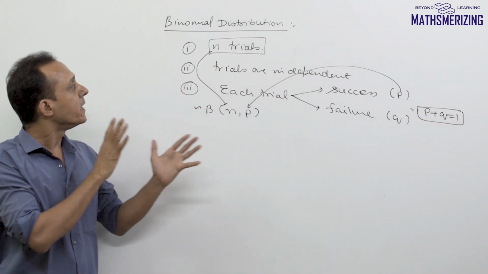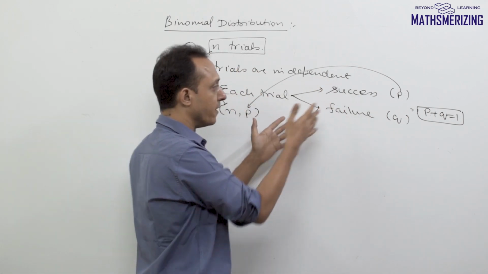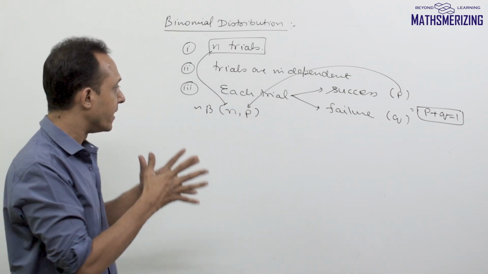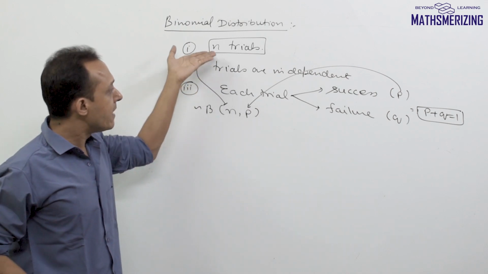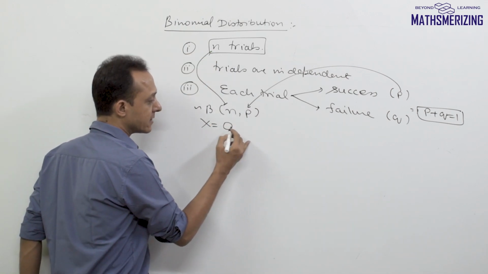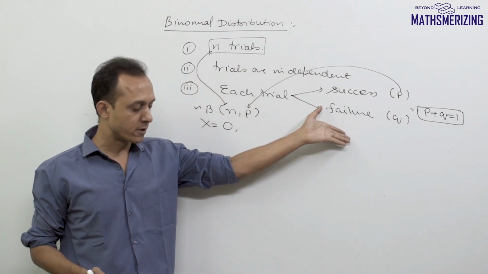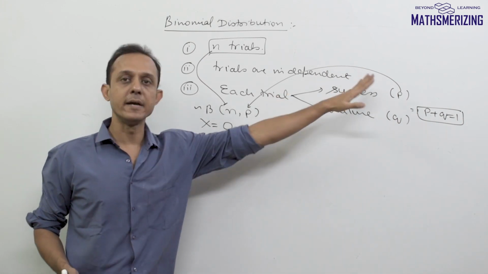Now when n independent trials are conducted for any random experiment and we are looking for success and failure, how many cases will there be, or what could be the value of the random variable? When I perform a trial n times, I can get 0 successes, where all the trials result in failure. Say for example, I'm tossing a coin 10 times, and suppose my success is getting a heads.